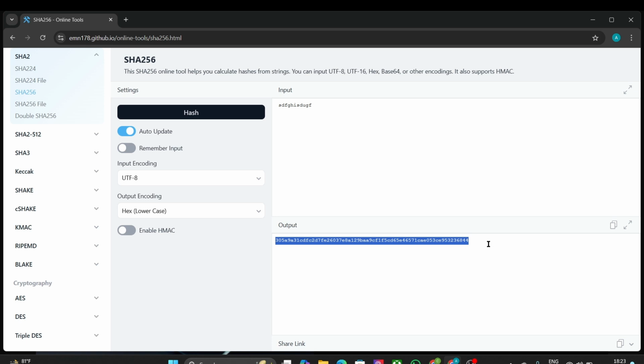Once this is generated, the same hash is provided in the next block. A block consists of all the data related to that particular block, like whatever transactions you are making. All those transactions go inside a single block, and whatever the available block is, that gets recorded in that particular block.